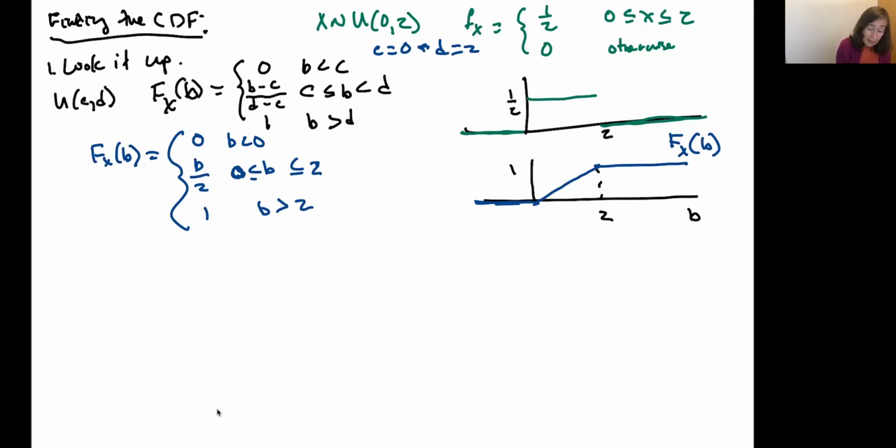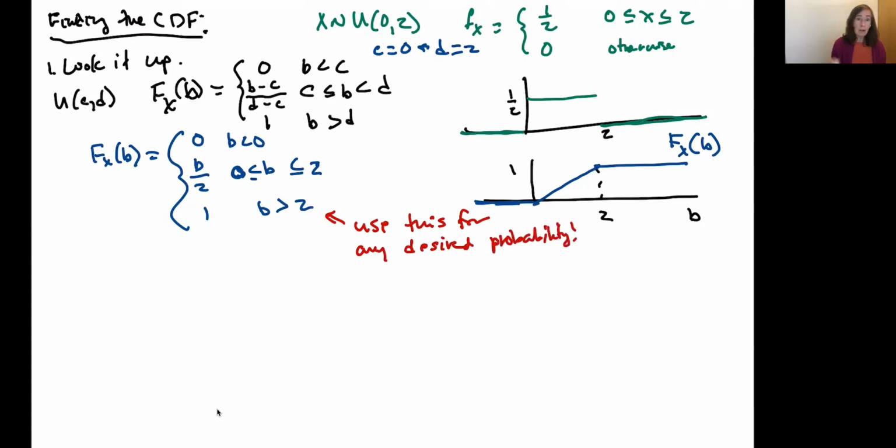Okay, and then once we have the cumulative distribution function, we can use this for any desired probability. We don't need to do the integrating every time. We don't even need to look it up every time. We just plug it in.